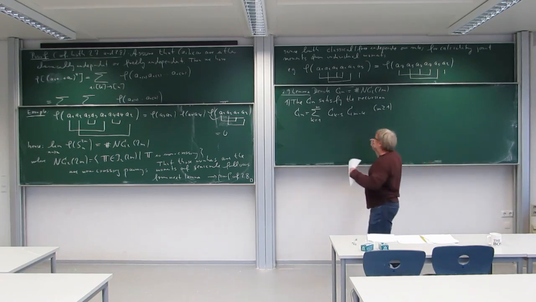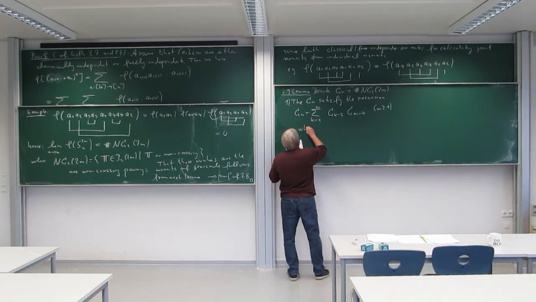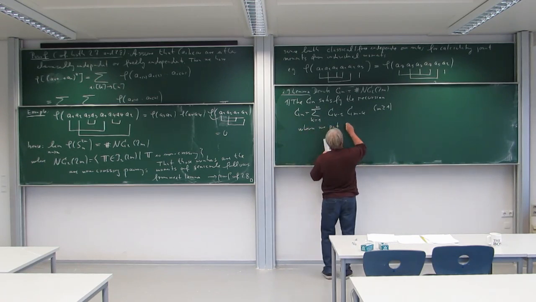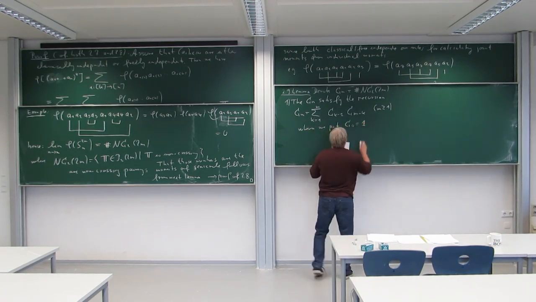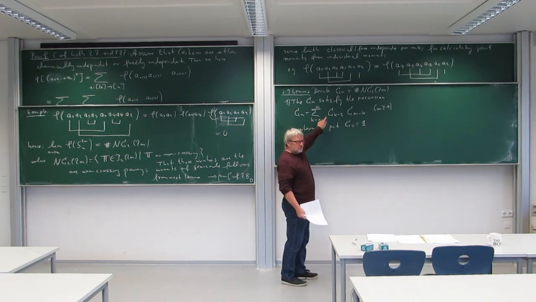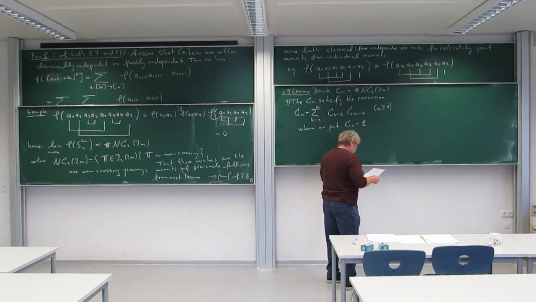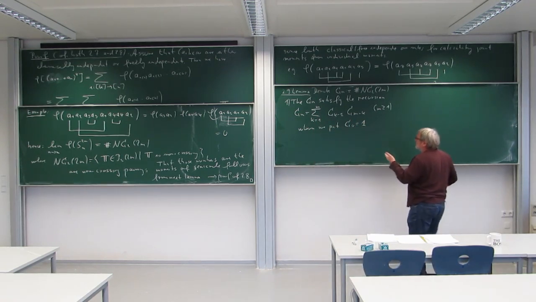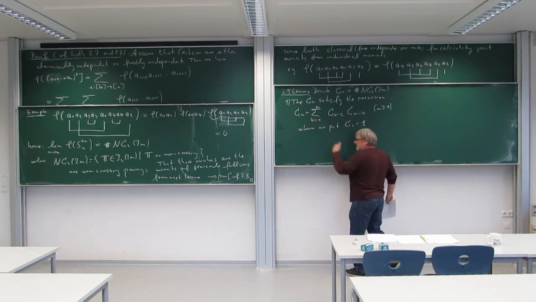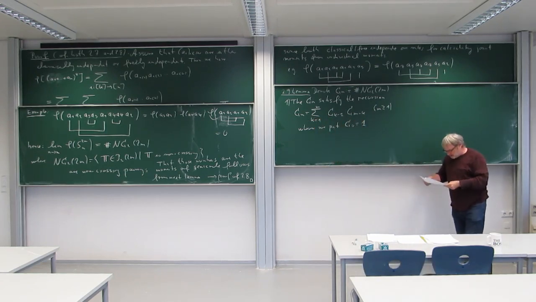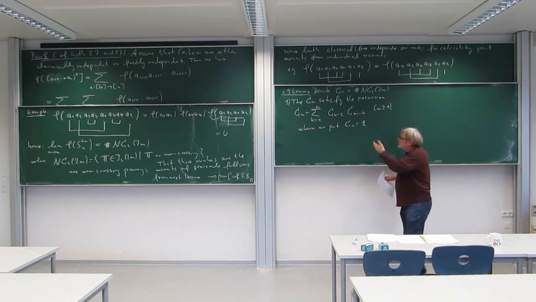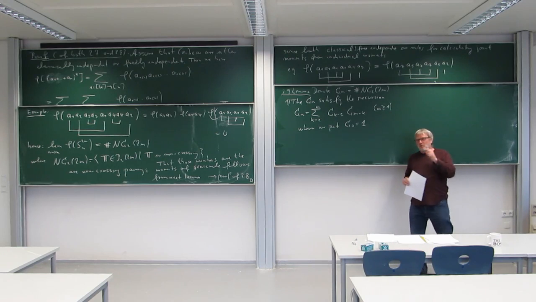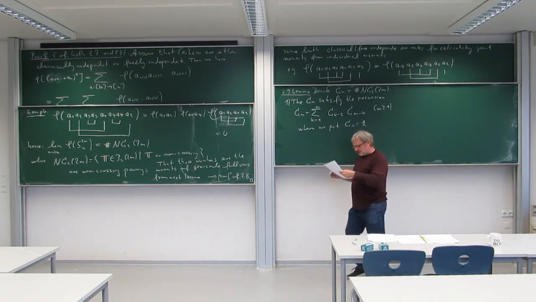So we put C_0 equal to 1, and that's how this recursion has to be understood, because there we need C_0. Good, and of course, if I have C_0 equal to 1 and this recursion, then this defines uniquely a sequence of numbers, so there's a unique solution to this, and this solution is actually given by the moments of the semicircle as I had it in the free central limit theorem.